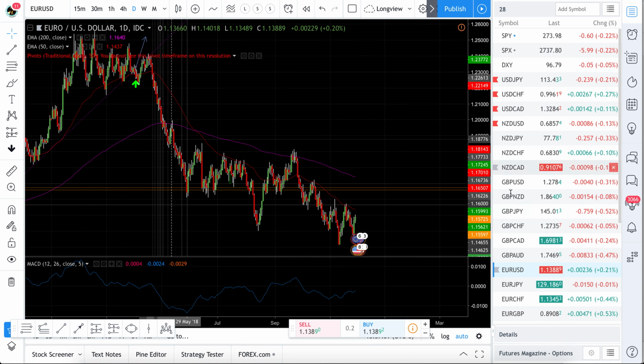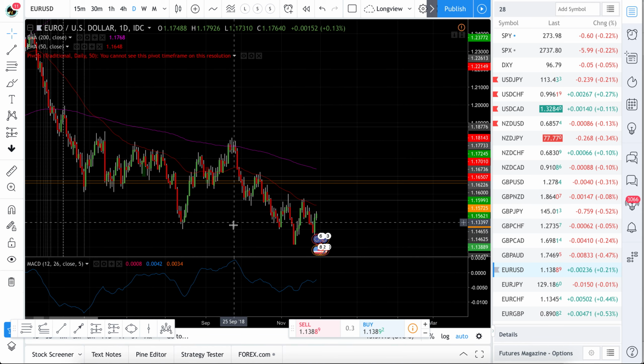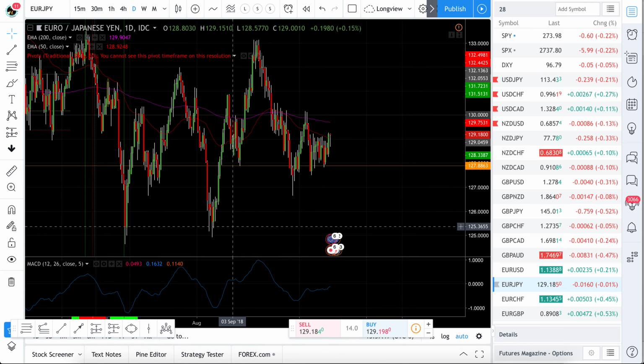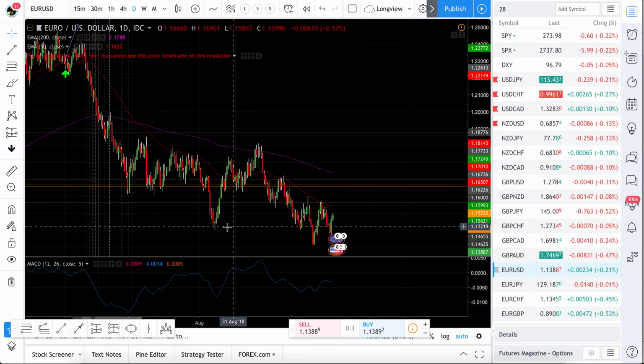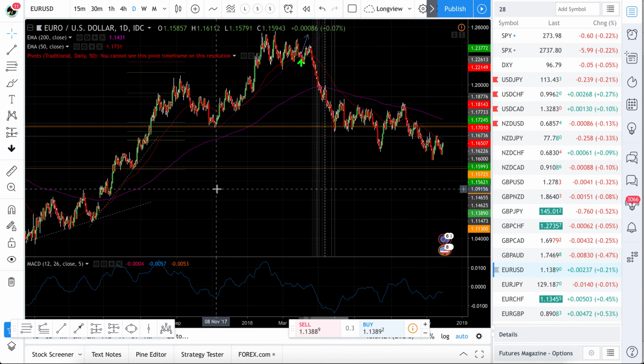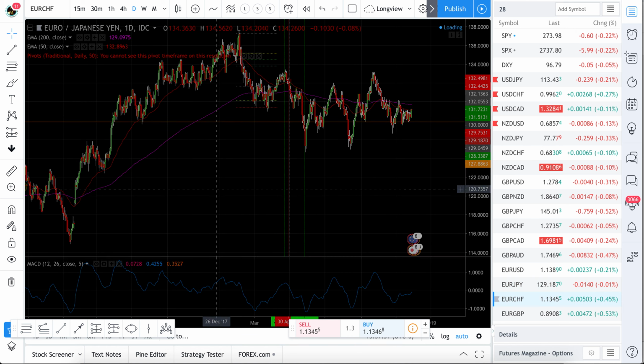So all these GBP pairs were not showing me anything crazy on the daily chart that I really wanted to investigate further. Okay, Euro USD. Let me make sure I'm not missing something here. I can usually get through these pretty quick.